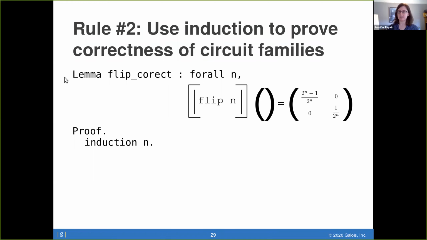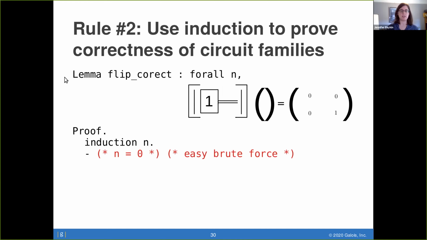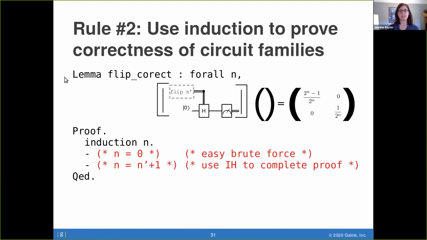And the first tactic that we apply is Coq's induction tactic. What that will do for natural numbers, which is what n is, is let us consider the n equals 0 case, which I said is easily provable by brute force, and then consider the n equals n prime plus 1 case. And this proof generates an induction hypothesis.